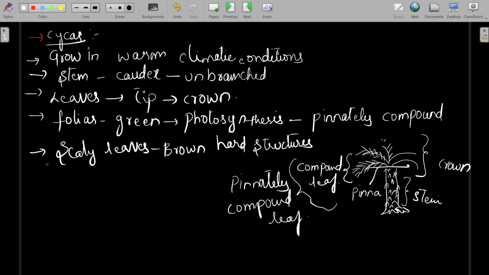Now coming to the reproductive organs. These plants are dioecious.